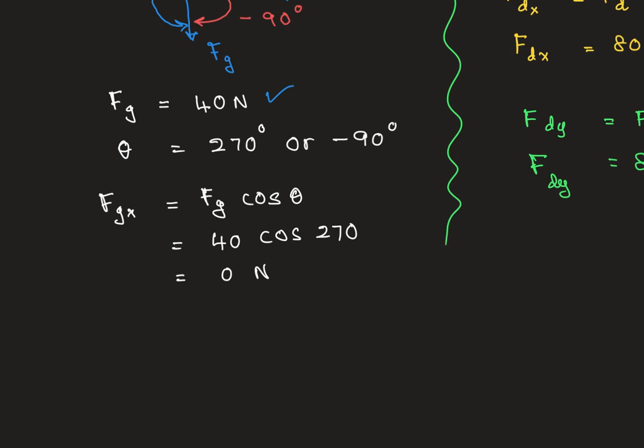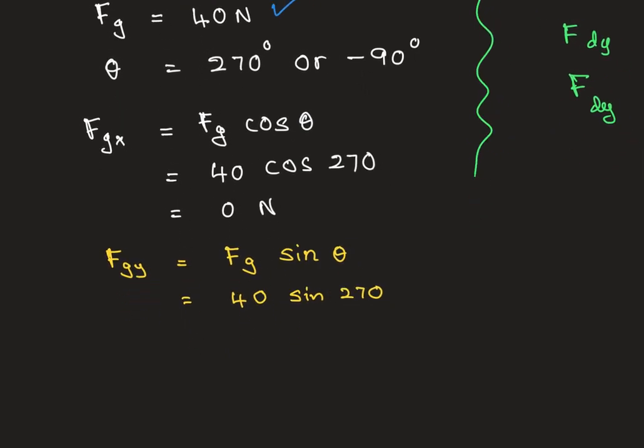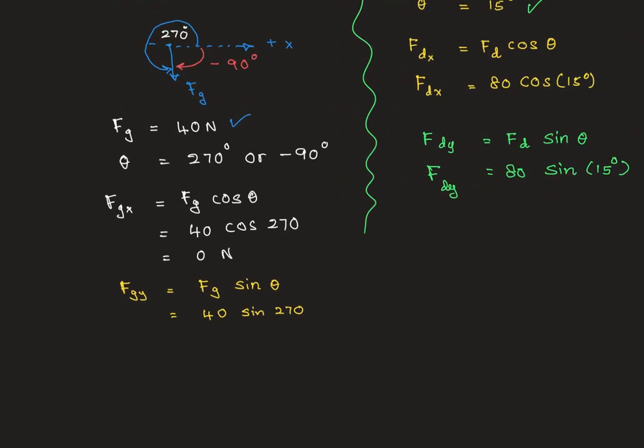And then the y component. Now for the y component, again magnitude, but instead of cosine I am using sine, and the angle is theta. The magnitude of the gravitational force is 40, and then sine of 270, or sine of negative 90, either is fine.